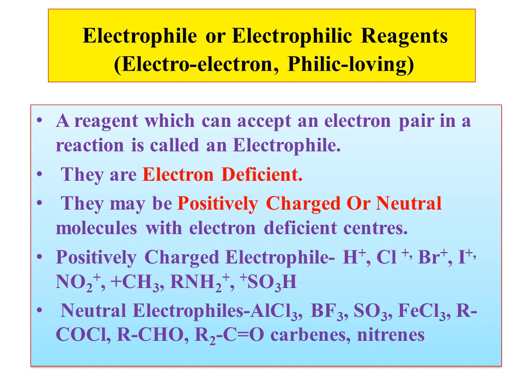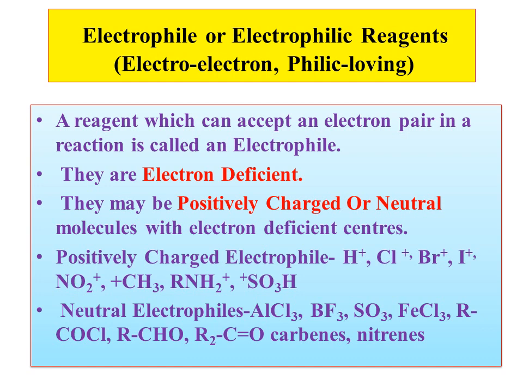The reagent which can accept an electron pair in a reaction is called an electrophile. They are electron deficient, positively charged or neutral. They may carry a positive charge, indicating a deficiency of electrons, like H+, Cl+, Br+, I+, NO2+, CH3+, RNH2+, SO3H.